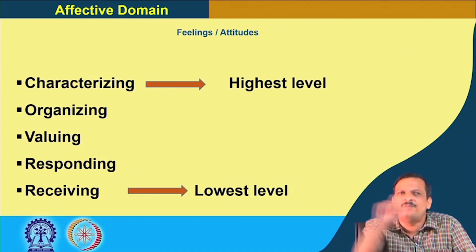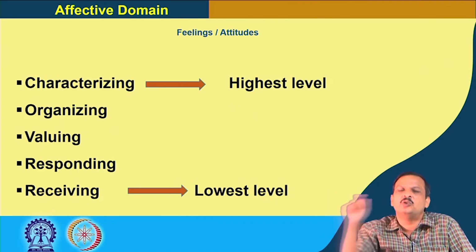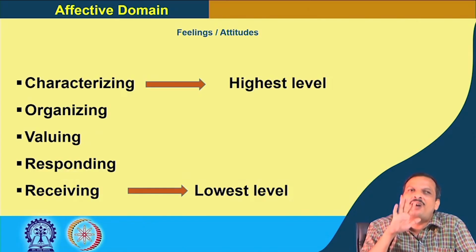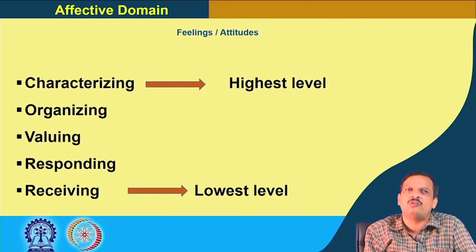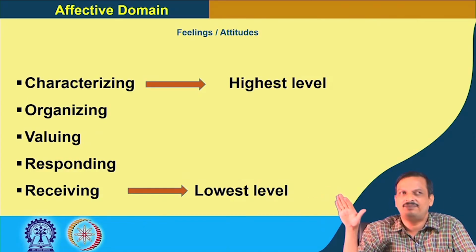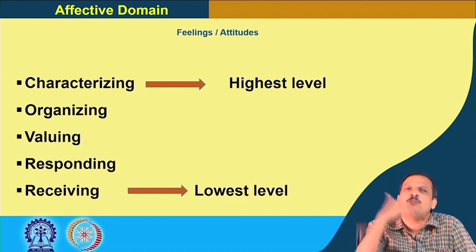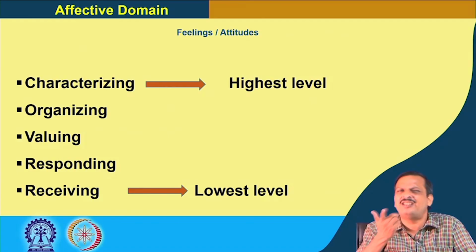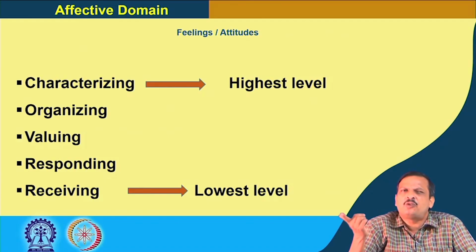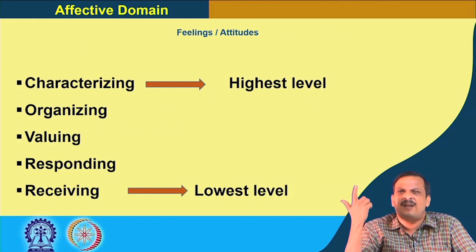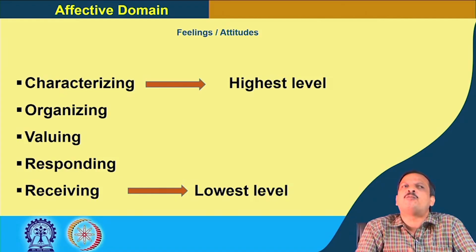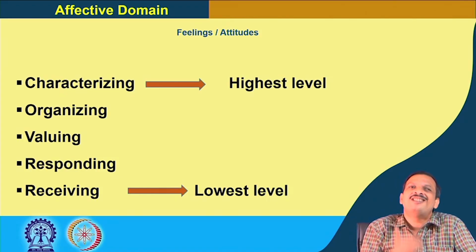First you receive the information, doing this thing is dangerous to health. So, the first subcategory of the affective domain is receiving. Then you respond based on the received information. Yes, this may be wrong, this may be true, maybe some example is given where it is wrong. So, you are responding on the basis of received information. So, the next step is responding.